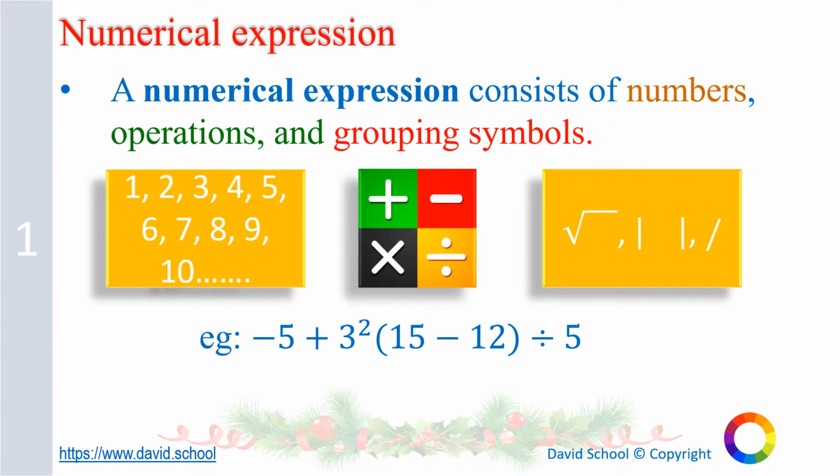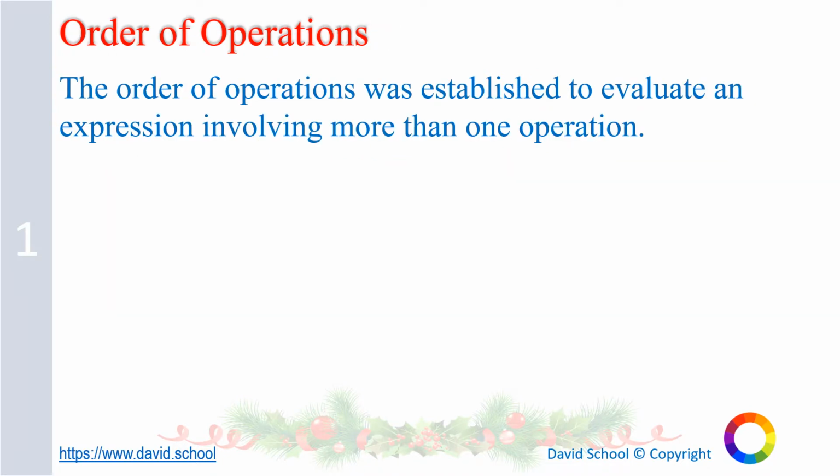In order to simplify numerical expressions, we use order of operations. You have learned order of operations in Algebra 1 course. The order of operations was established to evaluate an expression involving more than one operation.